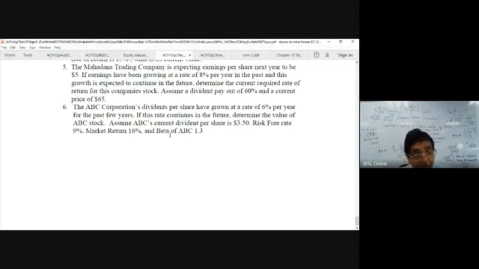The required rate, or the equilibrium return, is equal to R plus, where R is the risk-free rate, market return minus R, into beta. That is what you call the market premium. Market premium into beta.